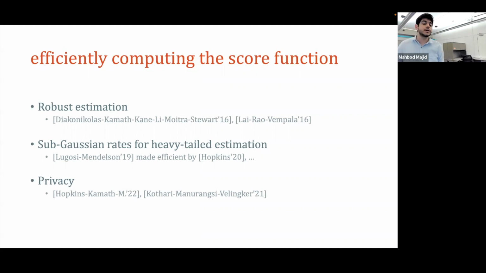In this work, we are going to use the progress made in estimating the mean for heavy-tailed distributions, the work by Lugosi and Mendelson, which was later made efficient by Hopkins.